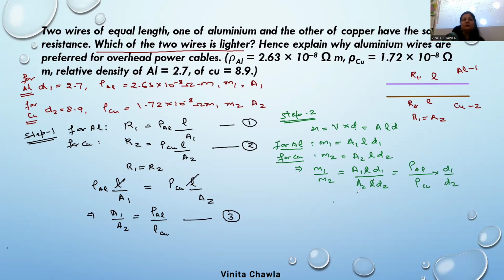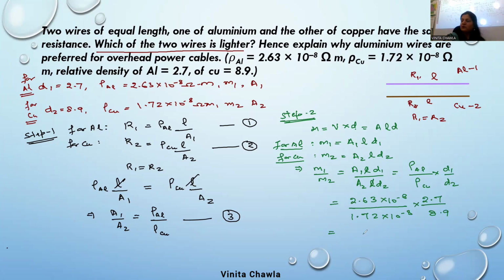Now put the values. We know the values of all these quantities. It's 2.63 into 10 raised to the power minus 8 divided by the resistivity of copper, 1.72 into 10 raised to the power minus 8, into D1 which is 2.7 and D2 which is 8.9. What answer are you getting? Have you solved this?